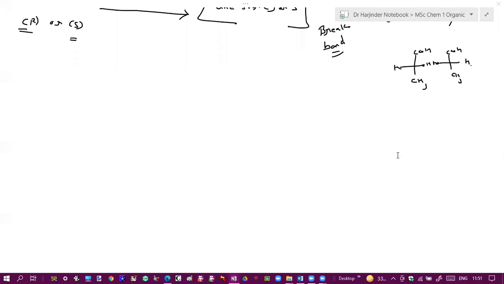And as I told you, for racemic modification or racemization, you have to break the bond over the chiral carbon to get a planar intermediate to which your attacking reagent can attack from both sides, giving two mirror images of each other, or two enantiomers, which is your racemic modification.